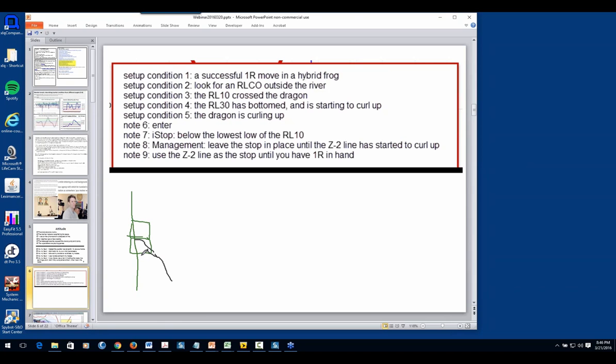And when it moves a full frog box out, there's my entry short, and now we've got a 1R move to the downside, so that's what the price looks like.